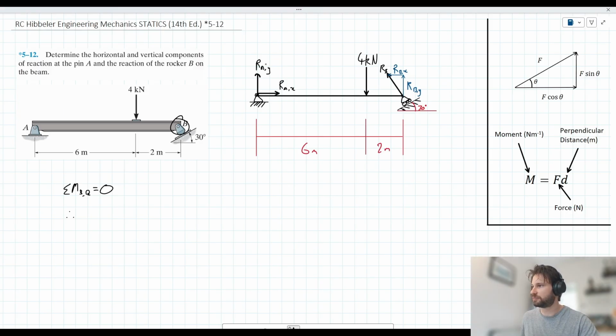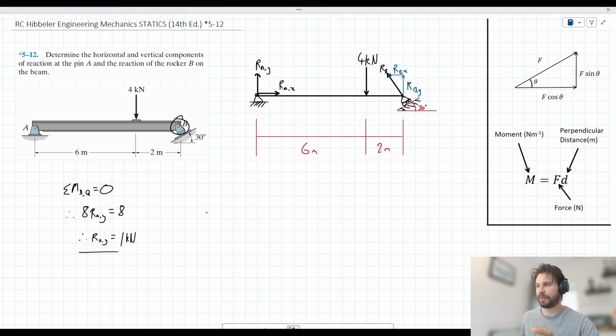There'll only be one, and that's produced by the reaction at A. We could describe that as 8 times RA, Y. And that's equal to the anti-clockwise moment produced by this 4 kilonewton force, which we could just describe as 2 times 4, right? Okay, so by inspection, RA, Y is equal to 8 divided by 8, that gives 1. Let's give it a unit as well, 1 kilonewton.